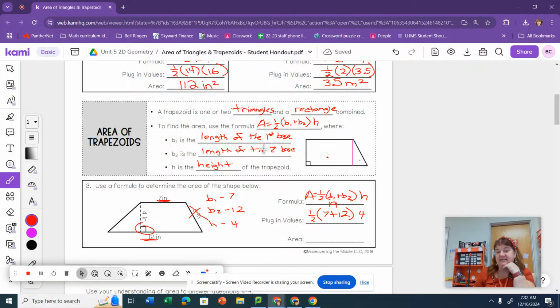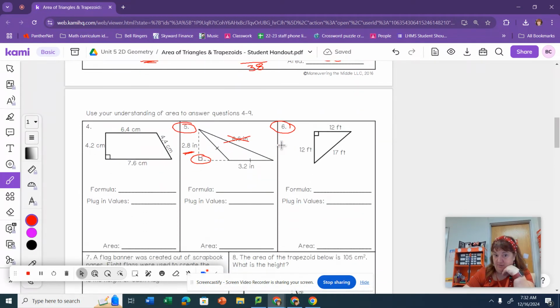Because 19 is an odd number, I would rather do 1/2 of 4. You can do multiplication in any order because it's commutative. So 1/2 of 4 is going to be 2. Then I just have to do 19 times 2, and we get 38 inches squared.